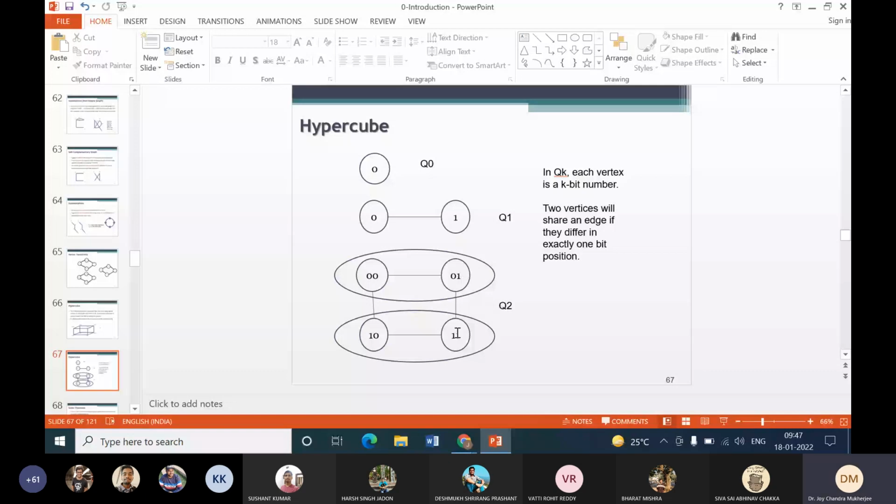Okay. From Q2, how do you create Q3? Basically you take two copies of Q2.